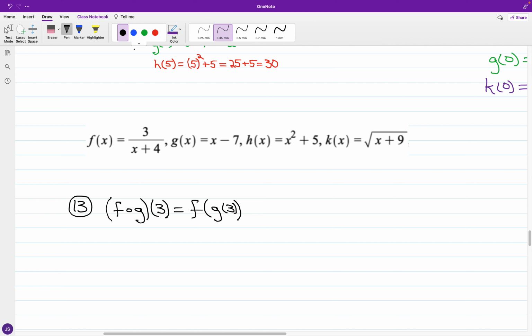So we're going to be referencing f of x, whereupon f of the input is equal to 3 over the input plus 4. This time around, in the compositional setup, the input is now g of 3.